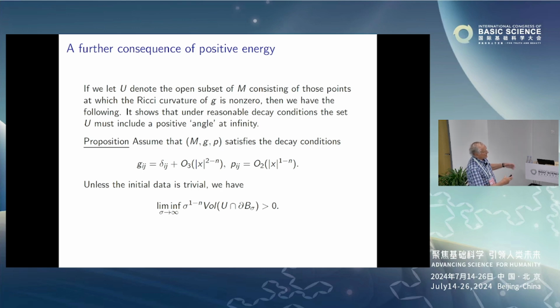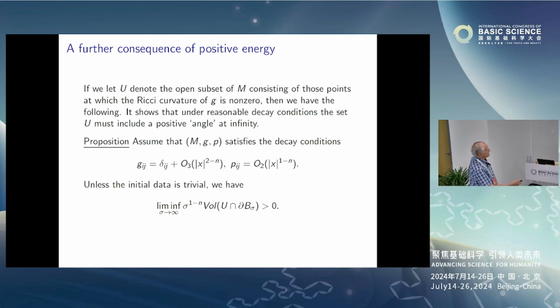It has to occupy at least a fixed fraction of the boundary of the ball of radius sigma. So if you take a very large ball, there has to be a fixed fraction of the area of the boundary on which the Ricci curvature is not zero. That is a more quantitative statement than saying that the solution can't have compact support. It can't be flat outside, or even Ricci flat outside a compact set.